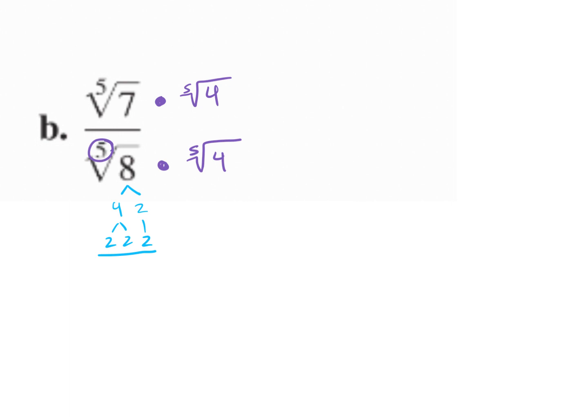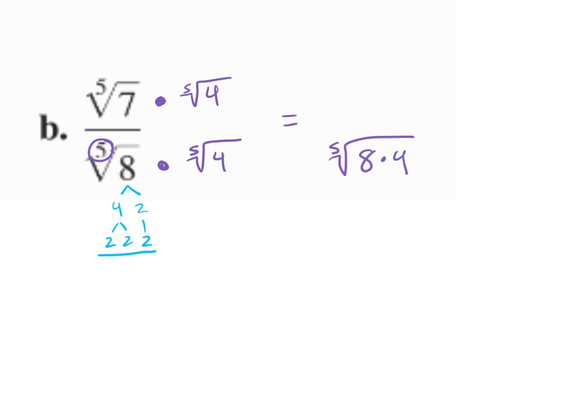Why we multiply by the fifth root of 4 is because we need a set of 5 in order to make this a whole number. I have 3 of them, so how many more do I need to make this a set of 5? 2. And what's 2 times 2? 4. If you want, you can write it together under the same radical, so that would be the fifth root of 8 times 4 on the bottom.